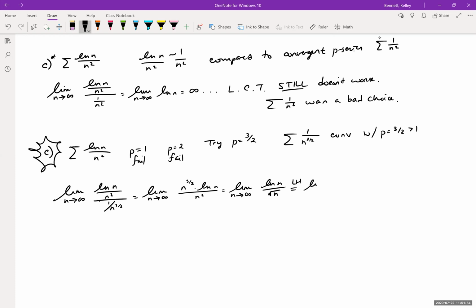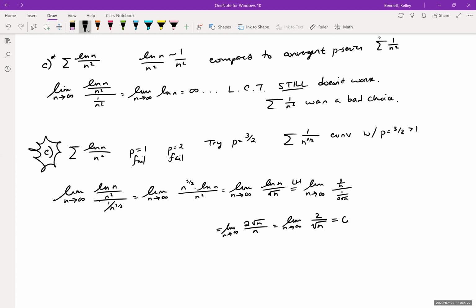So I'm going to get 1 over n times 1 over 2 root n. So to simplify this, I'm going to get 2 root n over n, which is 2 over the square root of n.